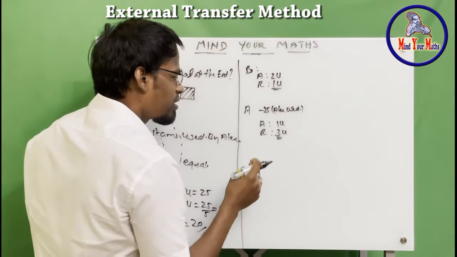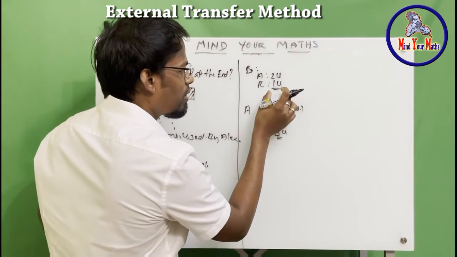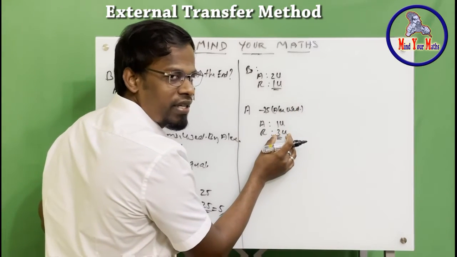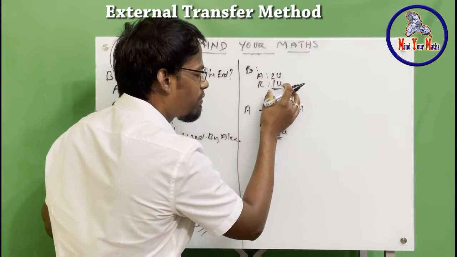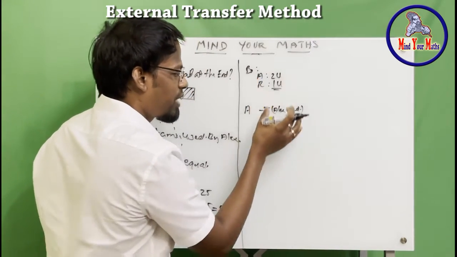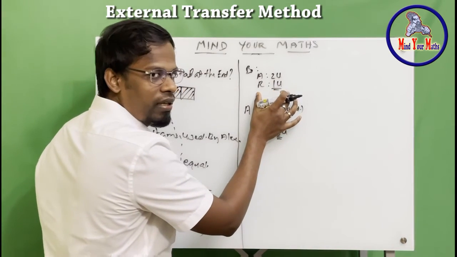As per the problem, these two are the same quantity, so we have to take the LCM for these two. In some problems you might find Alex is the same in both, or in some problems the total is the same.